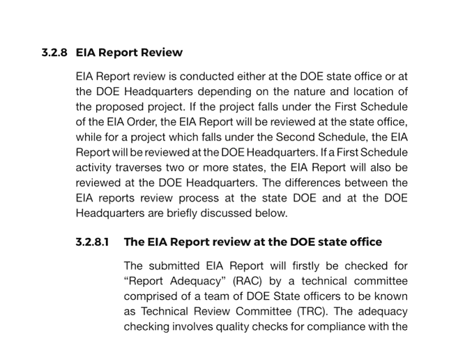This is quite clear-cut. Now, if the project is classified under the first schedule, but it travels between 2 or more states, then the EIA report shall be reviewed by the headquarters. This is to ensure the fairness among different states and also to prevent the conflict of interest between different states.